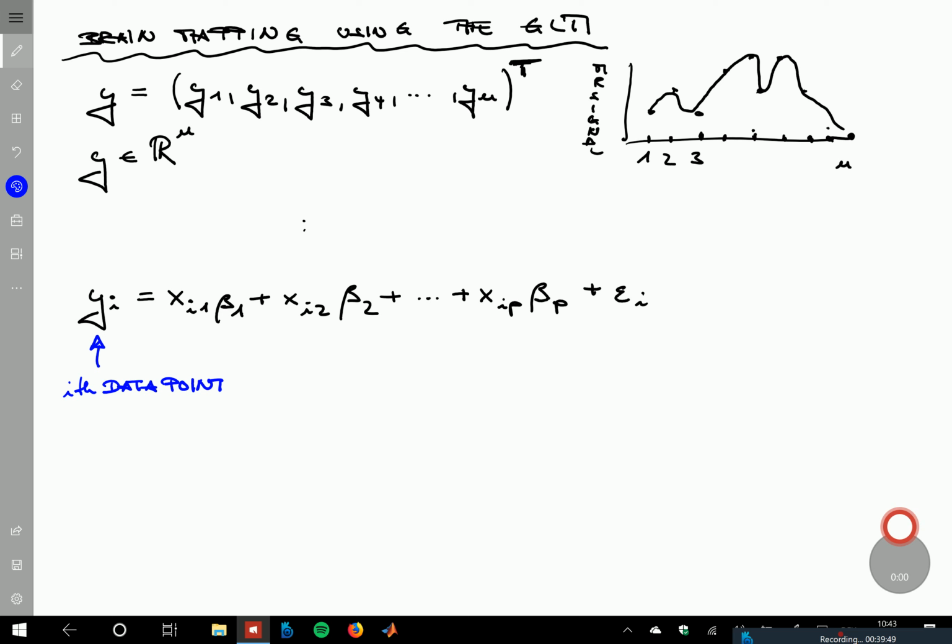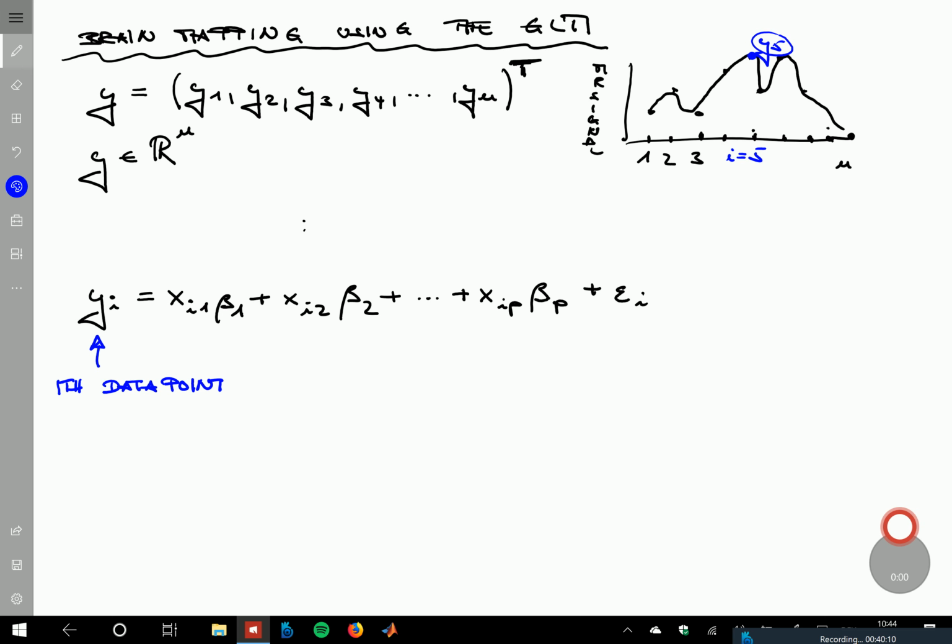For example, if i is 5 here, then this thing here is y5. So that's the ith data point, one number in this list of numbers.